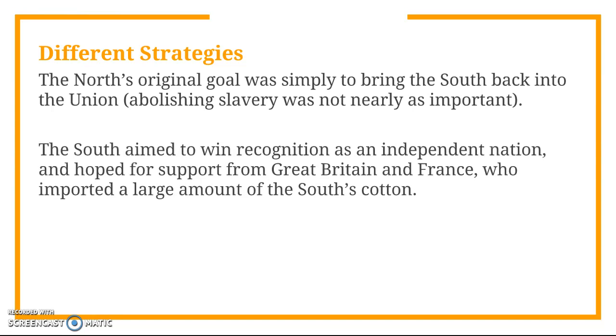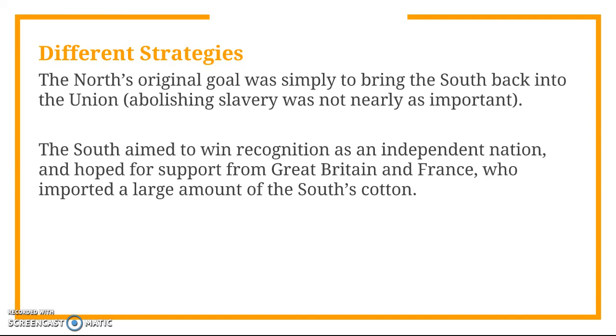Now, the South, on the opposite side, aimed to be recognized as an independent nation, and as we touched on earlier, also hoped for support from Great Britain and France. This was their main fallback plan as to how they thought they could win recognition as an independent nation.